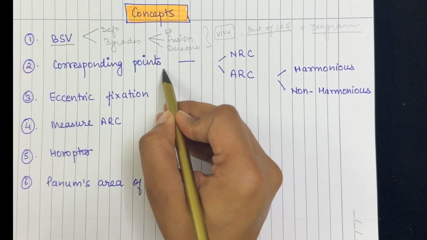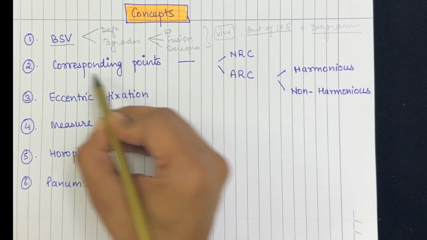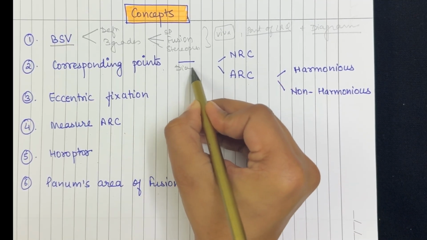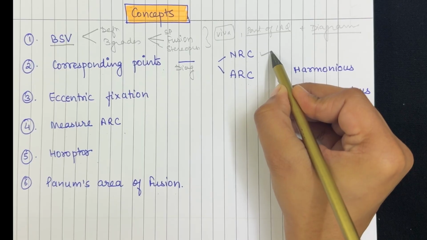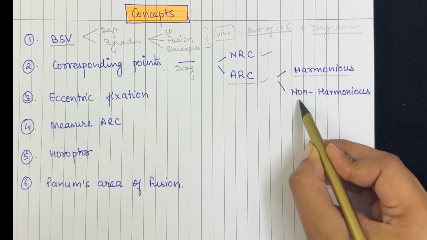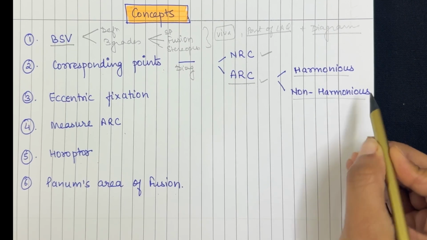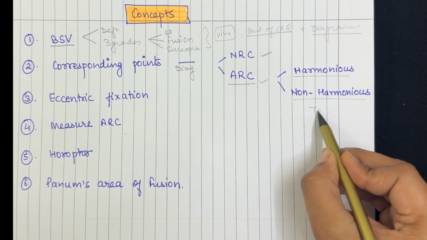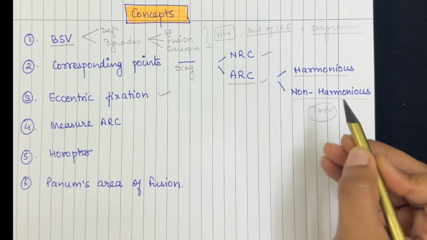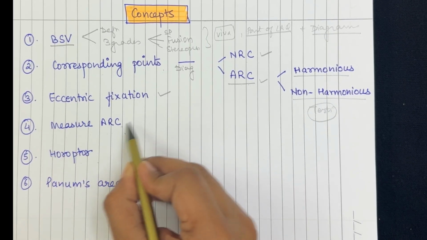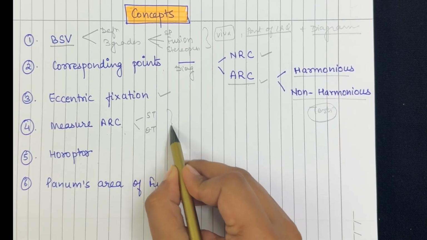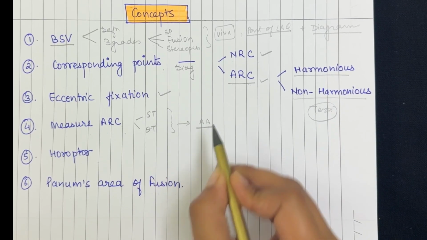Corresponding points, I hope it is clear now. After writing the definition of corresponding points and making the diagram I showed you, you write about normal retinal correspondence and anomalous retinal correspondence, divided into harmonious and non-harmonious based on the test, which you can mention here. Eccentric fixation, I hope it is now very clear. You can divide it into subjective test and objective test, and you can measure angle deviation, right?